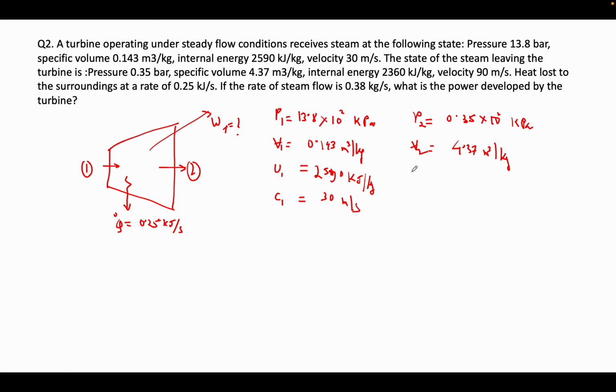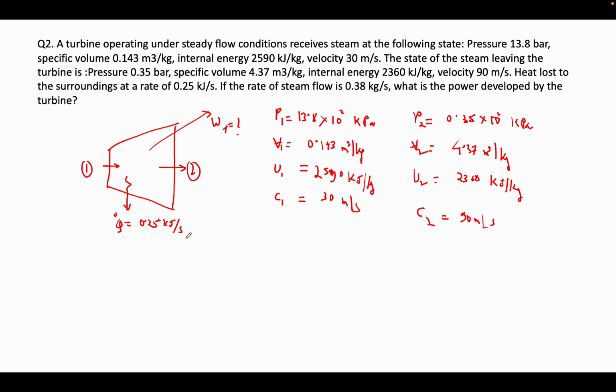Then U2, internal energy, is given to us as 2360 kilojoule per kg, and our velocity C2 is given to us as 90 meters per second. So velocity is increasing there.